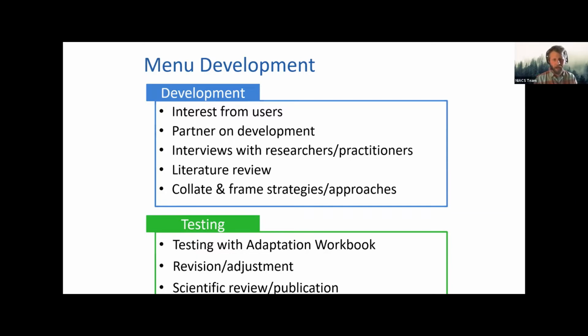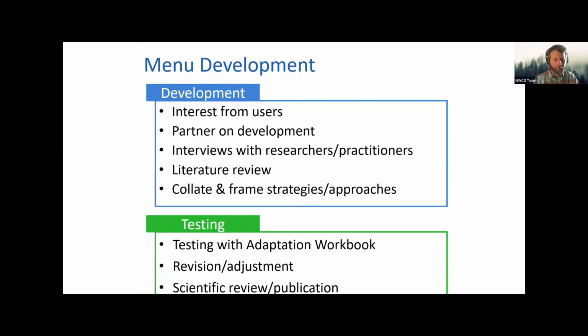There's a continued eye towards improvement, and with our forestry menu, which was our first menu, we have actually undergone an additional version 2 refinement as well. As our scientific understanding changes and is refined, we want to be incorporating those improvements into our menus.